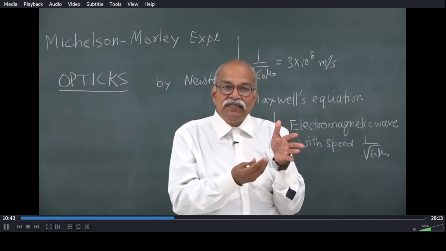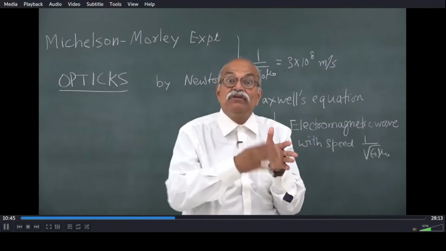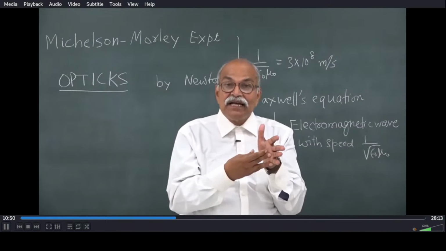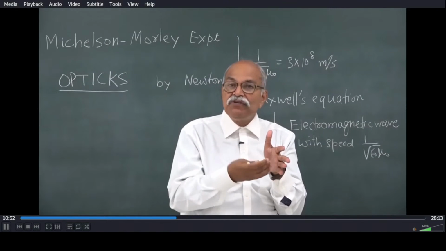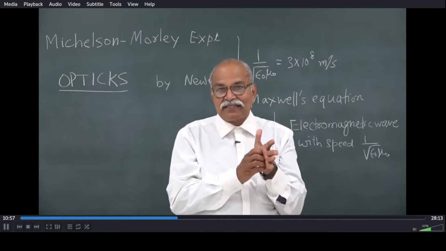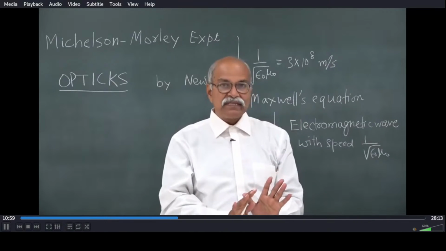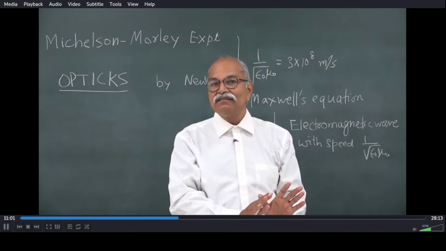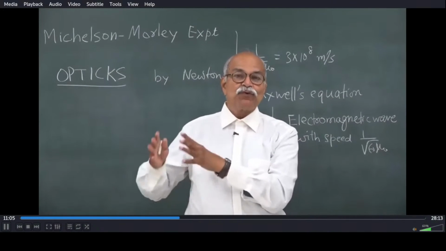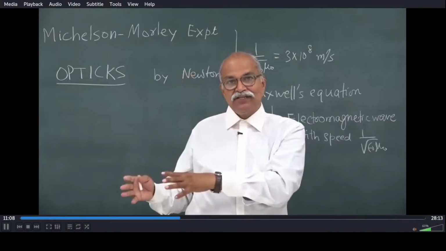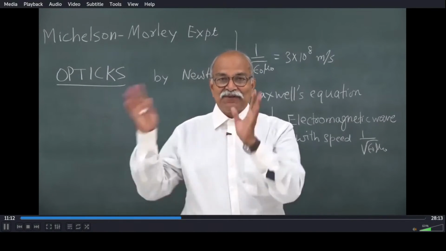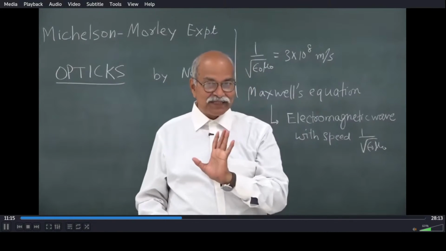When the waves combine to give a large intensity, you say it is constructive interference, and when they combine to give a low intensity, you call it destructive interference. So I will show you an apparatus in which an interference fringe will be formed. You will see the fringe. What do I mean by fringe, bright fringe and dark fringe? Let me show you the apparatus.